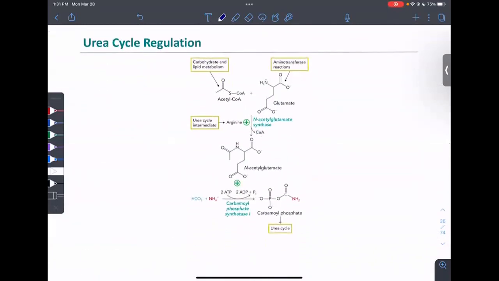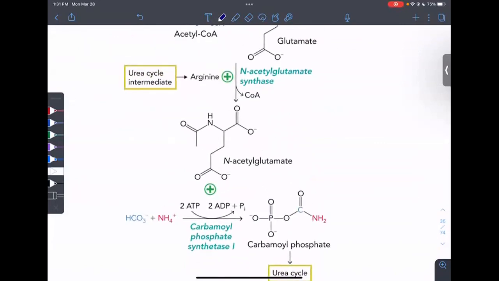So let's talk about this regulation, right? So we said the key reaction in urea synthesis is that we're worried about that carbamoyl phosphate synthetase 1. So what feeds into that reaction? There's an intermediate that regulates that control mechanism, and that intermediate is N-acetylglutamate. N-acetylglutamate is a metabolite that signals that we have really, really high levels of glutamate.